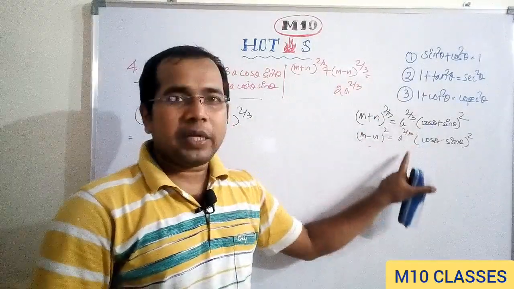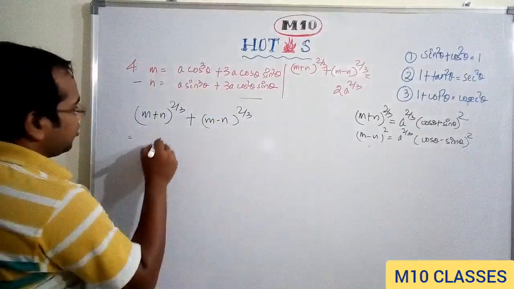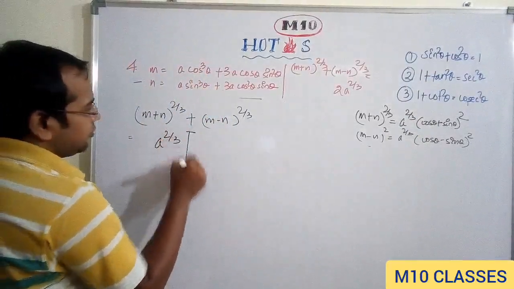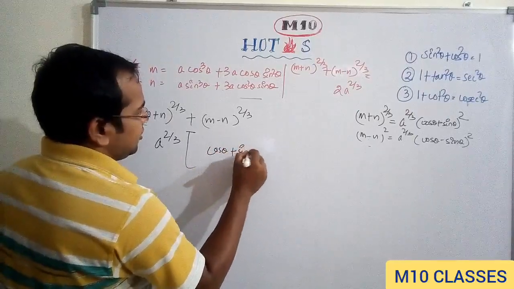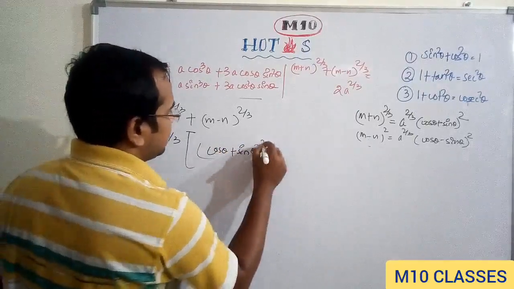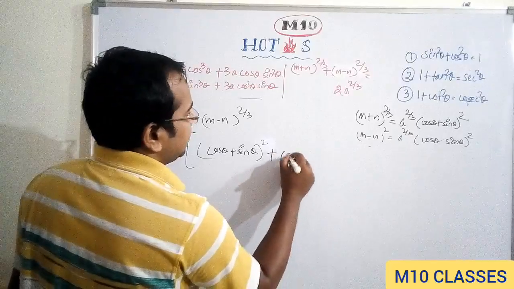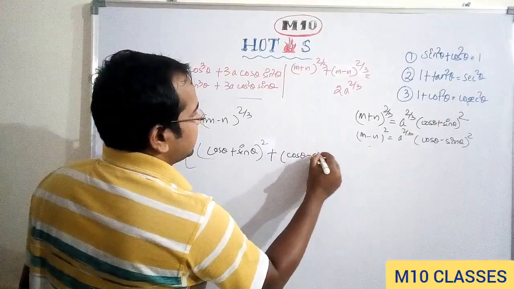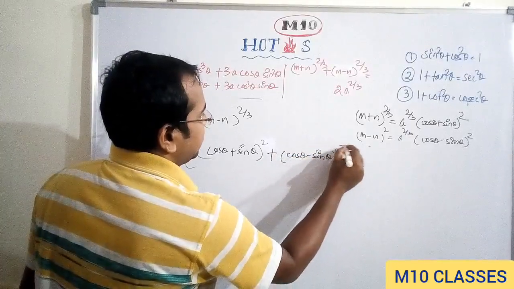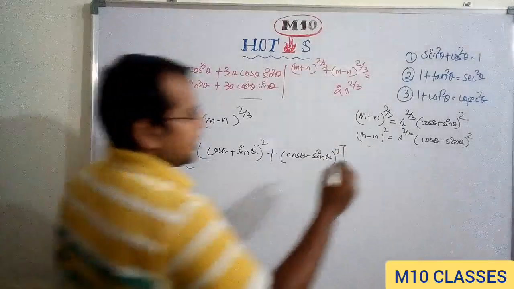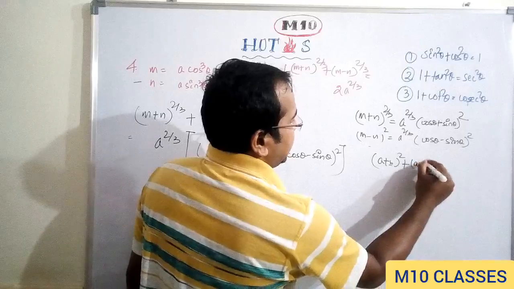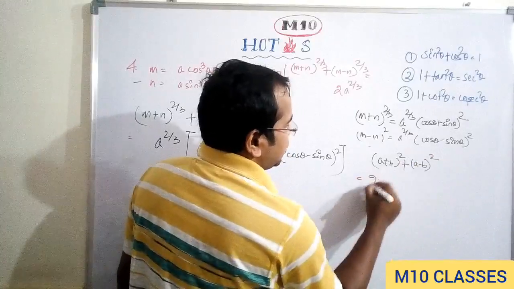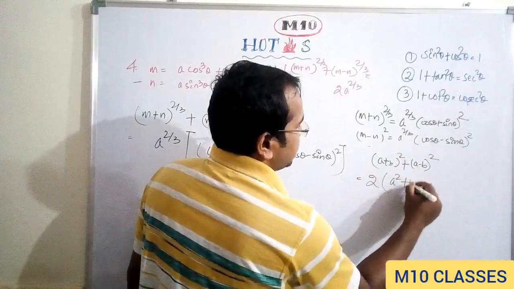So if I take out a to the power 2 by 3, what will you have? (cos theta plus sin theta) whole square plus (cos theta minus sin theta) whole square. Now (a plus b) whole square plus (a minus b) whole square is 2 whole into (a square plus b square). This is the algebraic identity.